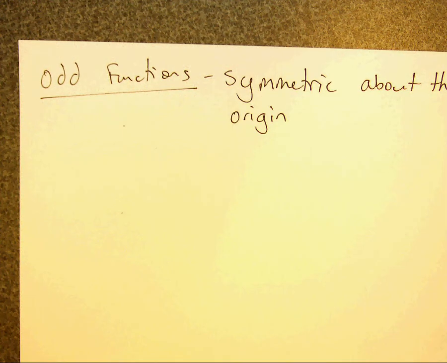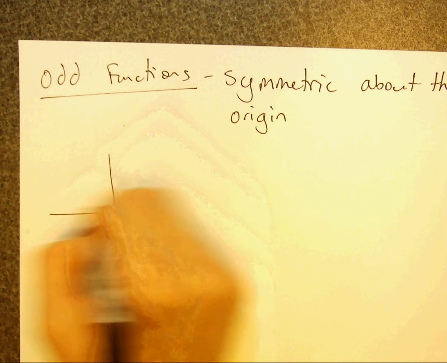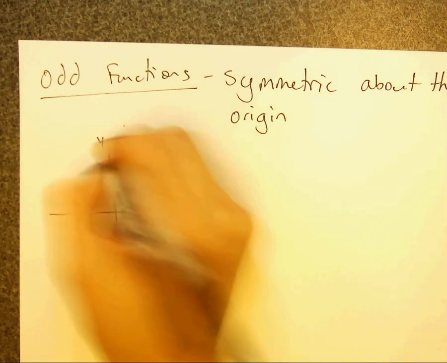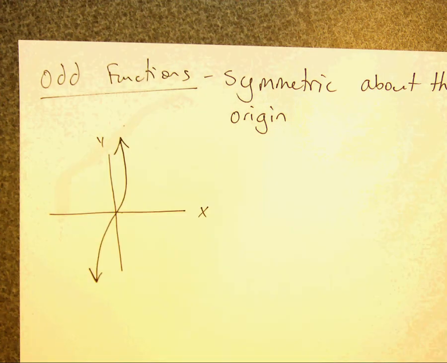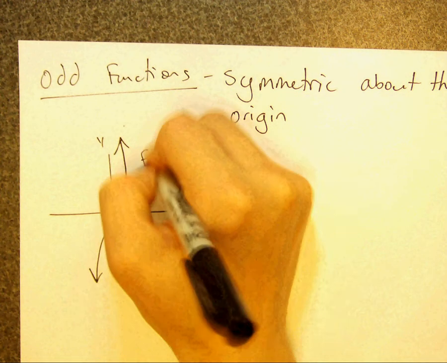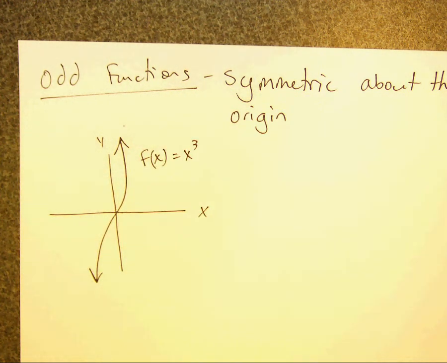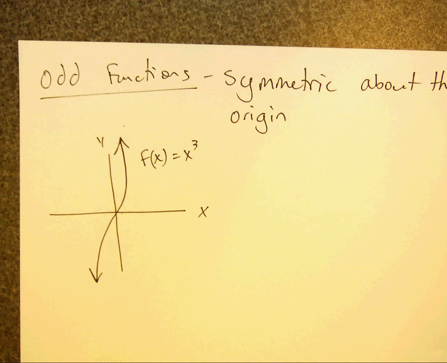And so another familiar function, maybe not by my picture, but this is a rough sketch of f of x equals x cubed. And if you look at what's in the third quadrant, if I were to reflect that, or rotate it, I would get what's in the first quadrant. So this is symmetric about the origin.